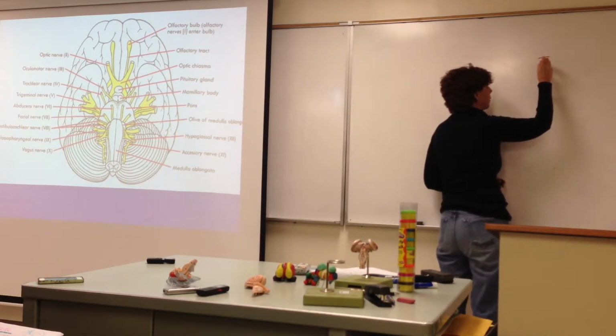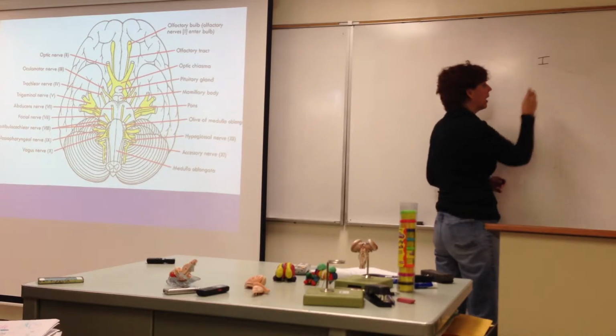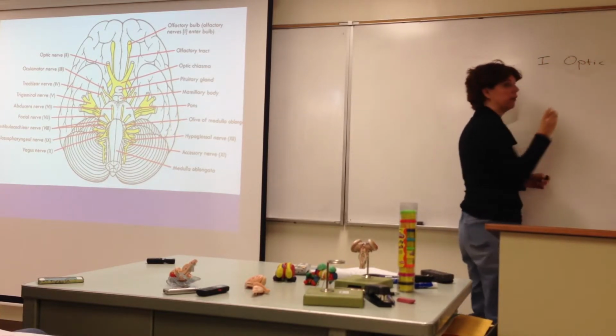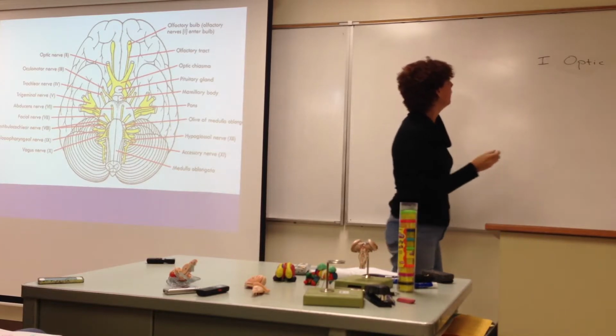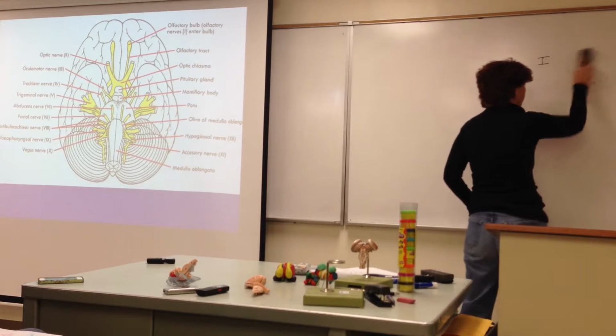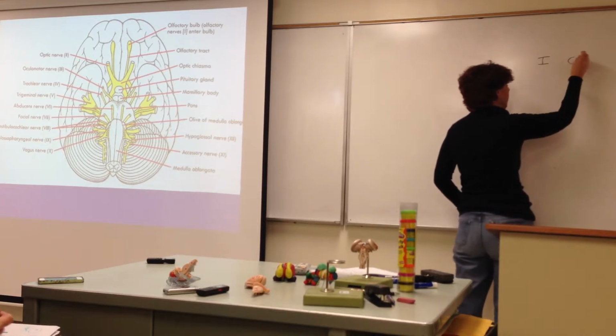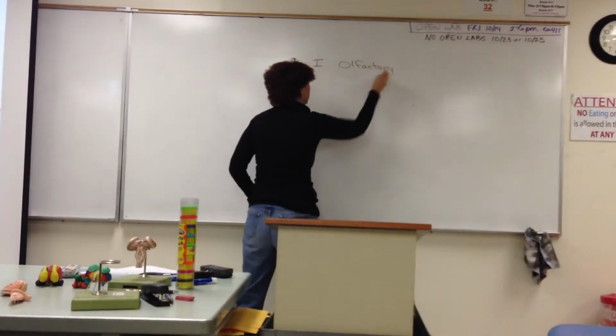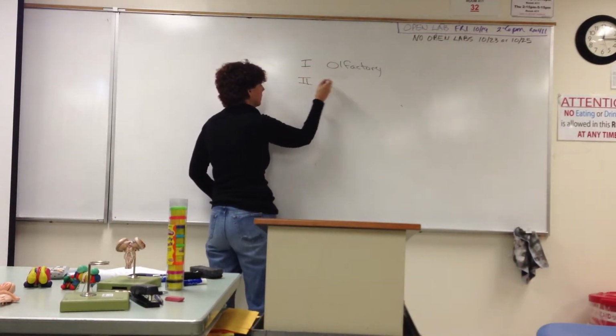All right, so 12 cranial nerves, and I'm going to go over this over and over and over, okay? The first one is olfactory. Just sit back and listen right now. This is all written down on your chart. Second one is optic.